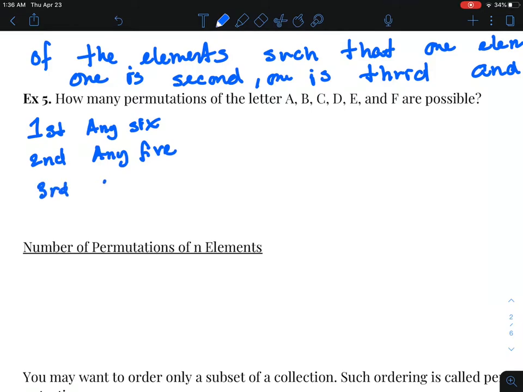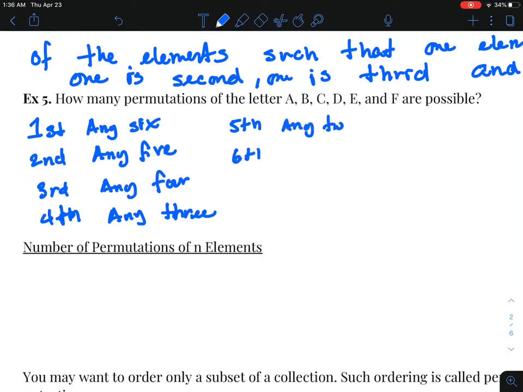Third, any of the four remaining. The fourth, any of the three remaining. Fifth, any of the two, and of course one is the last one, the final letter.